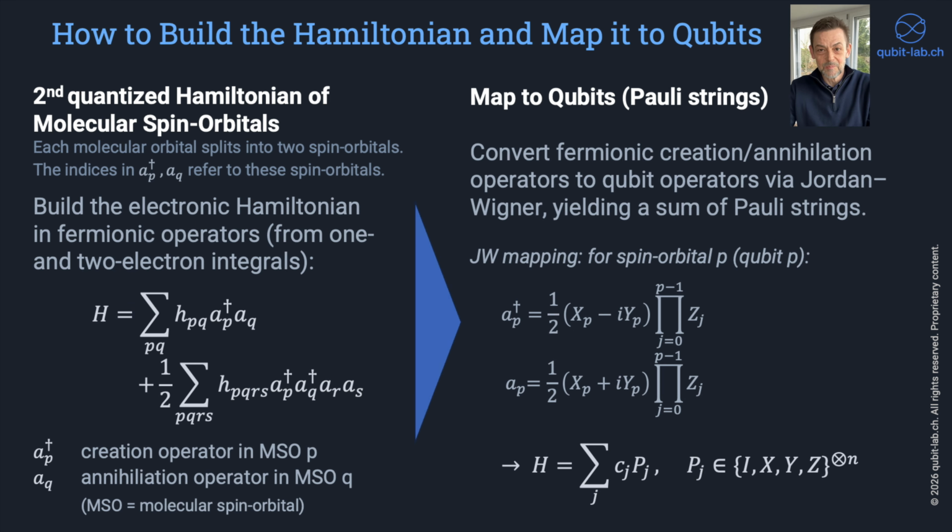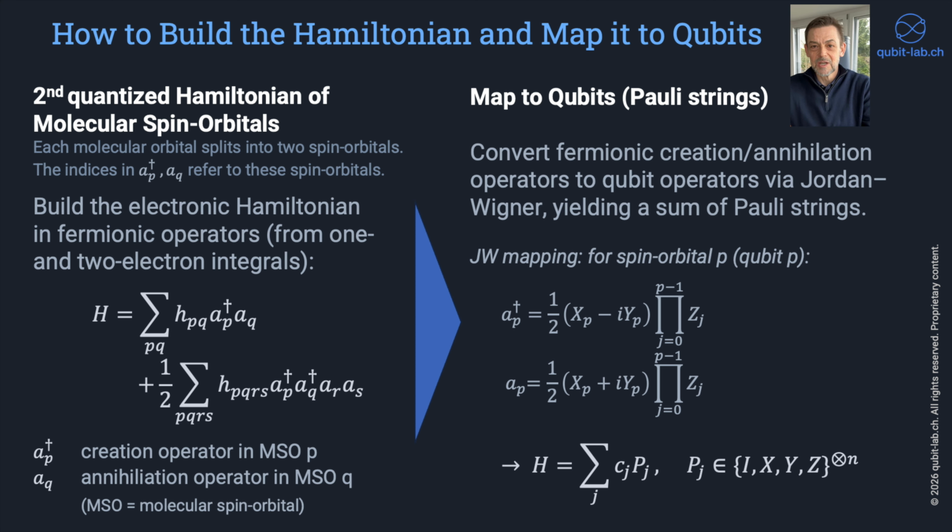Now we switch from chemistry language to a form a quantum computer can work with. There are two common viewpoints. In first quantization, you think in terms of electron coordinates. Where are the electrons in space? In second quantization, you switch perspective to orbitals. You don't track positions directly, you track which spin orbitals are occupied.